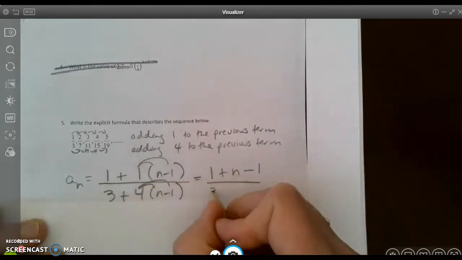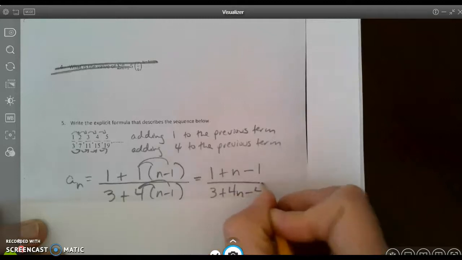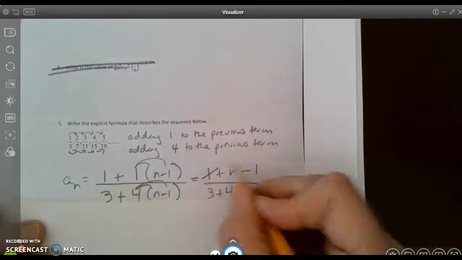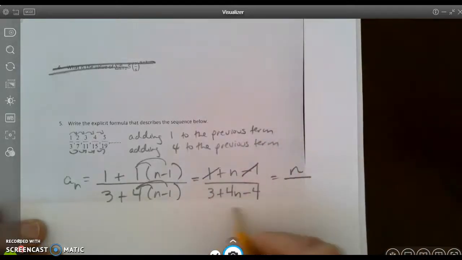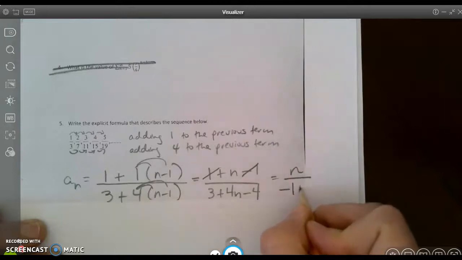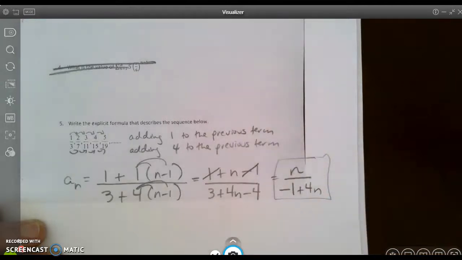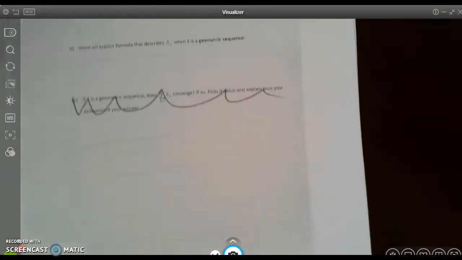Distribute, and I get 3 plus 4n minus 4 in the denominator. These cancel in the numerator, and I'm just left with n. In the denominator, I would have negative 1 plus 4n. And there's my formula. Let's go to the next page, number 6.